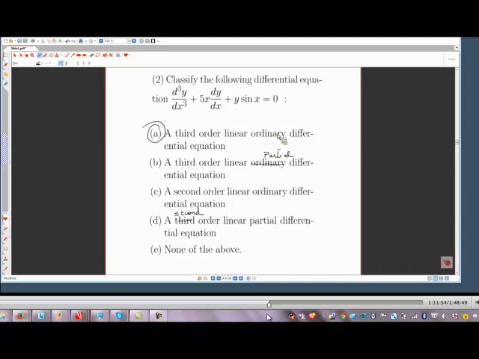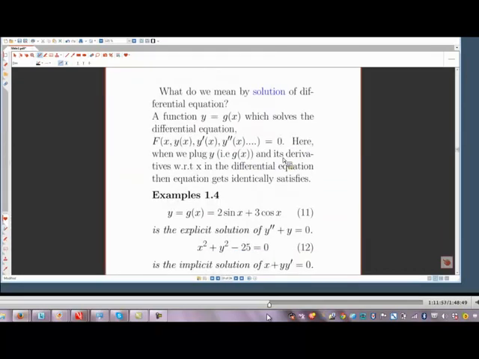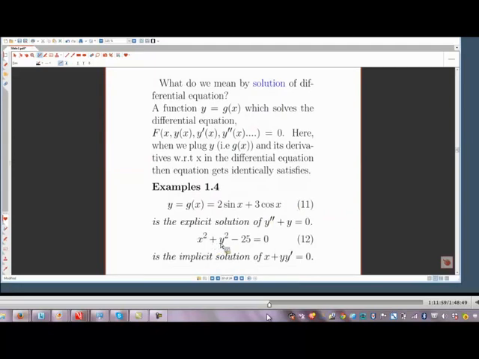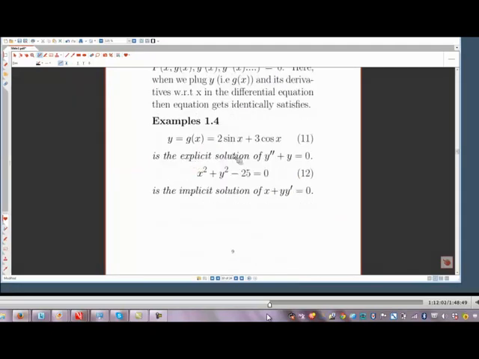Now coming to here, a solution is something which satisfies the equation. If I plug this function back into the differential equation, let's see what happens. 2 sine x plus 3 cosine x, double derivative, plus 2 sine x plus 3 cosine x should equal, let's see what this equals.